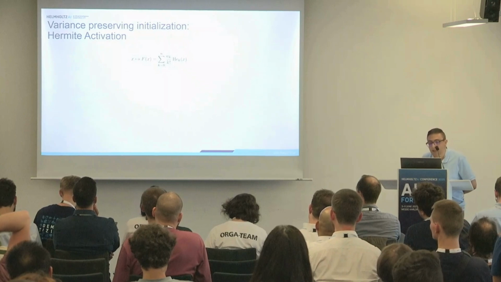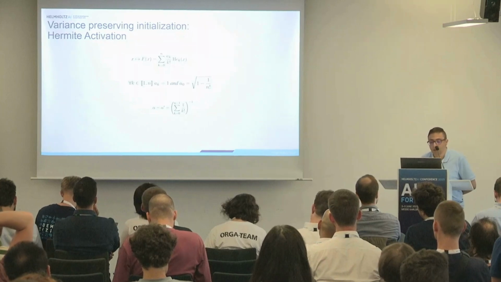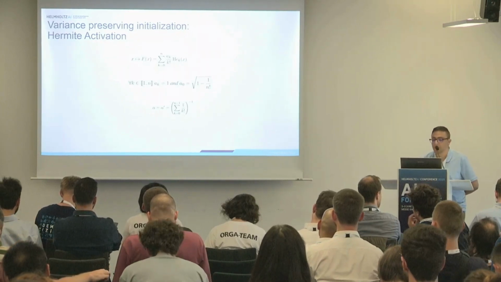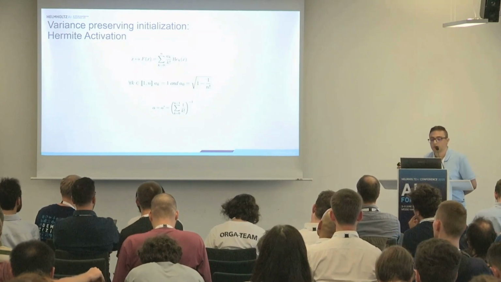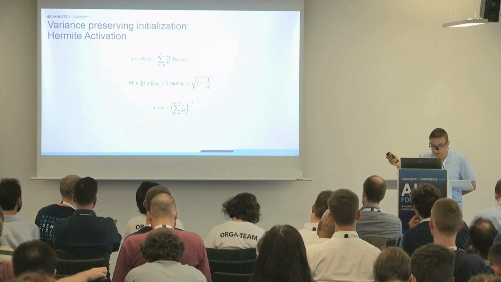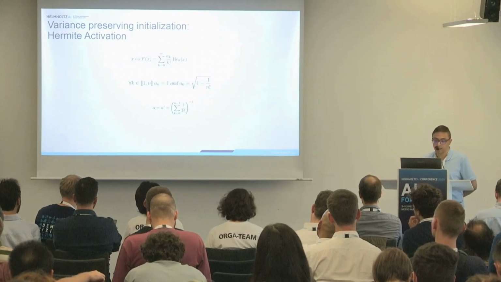If you apply the same idea on the Hermite activation, one way to choose those coefficients is the following. You initialize every coefficient to 1, and the first coefficient is 0 according to this formula. But if you take a high degree, this amounts to initializing everything to 1, and this gives you equality in gains.